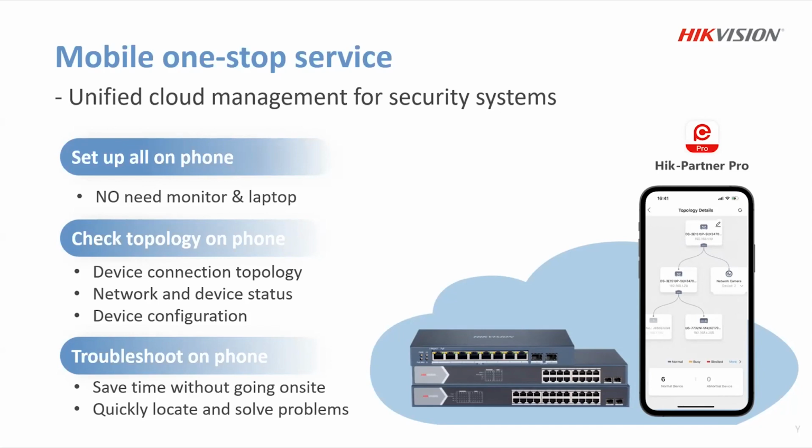And by this, you can quickly locate the problems. What is the bottleneck? What is the problem? You can quickly locate it, and you can easily solve these problems using this Hik-Partner Pro app by using our cloud switch.